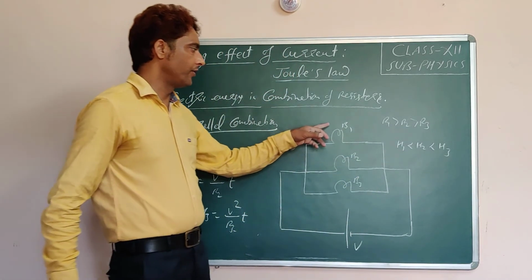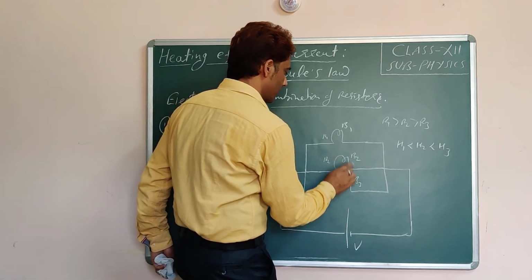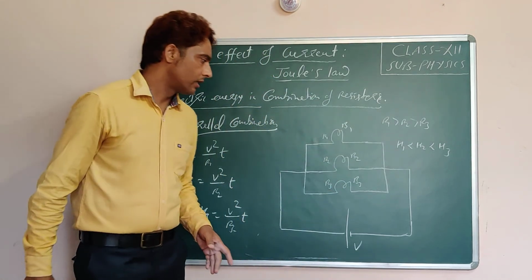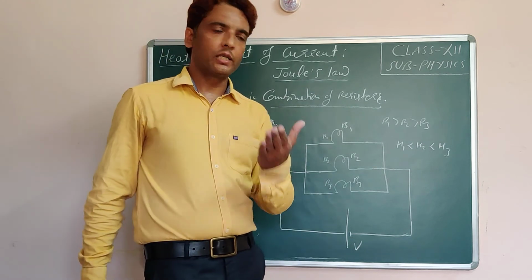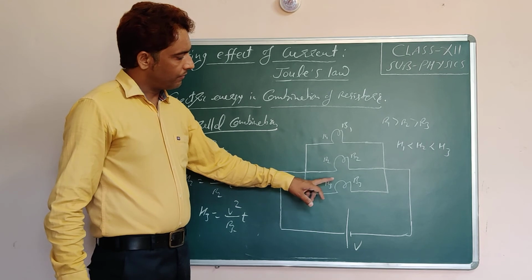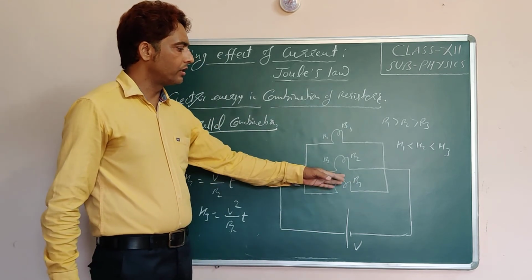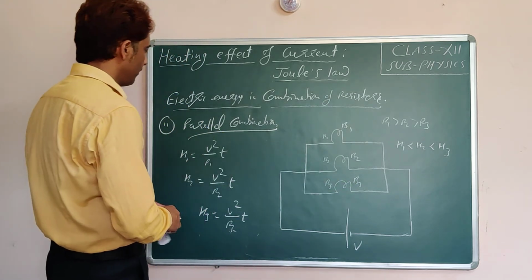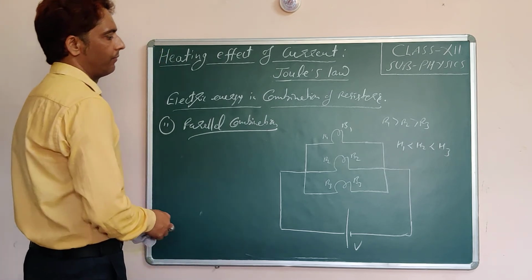The resistance of bulb B1 is R1, its resistance is R2 and its resistance is R3. So you can be asked in this case which bulb glows brighter. In this case bulb B3 will glow brighter because the amount of heat energy produced in bulb B3 is greater. So bulb B3 will be brighter.